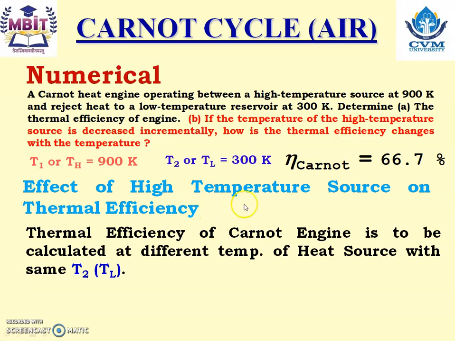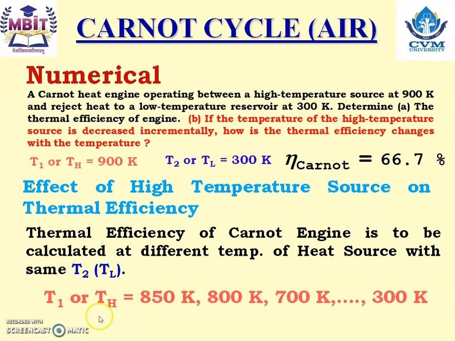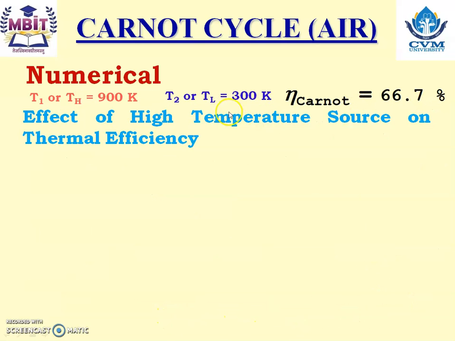It means if the heat source temperature reduces, what will be its effect on the efficiency? Keeping the heat sink temperature same, that is T2 or TL will remain 300 Kelvin. So T1 or TH is 850 Kelvin, 800, 700 up to 300 Kelvin. And what will be the efficiency?